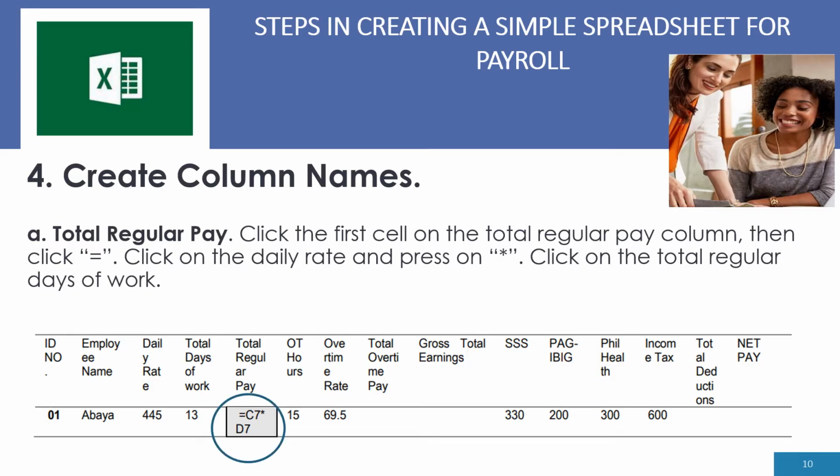We have here Abaya, employee number one, with a daily rate of 445 per day, who worked a total of 13 days. So for 13 days at 445 per day, you just multiply. How to do it? You're going to type equals, then you click this, then asterisk. If you're going to multiply, you press asterisk, then you click this. After that, you click enter. Okay?